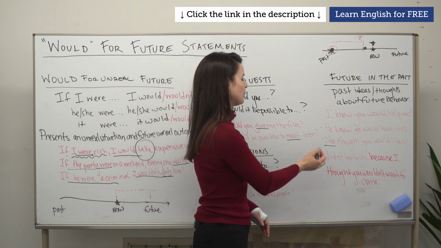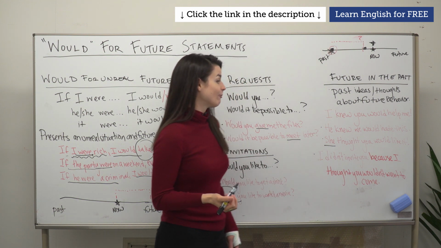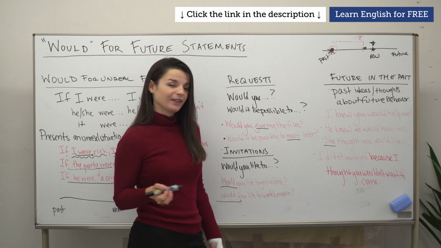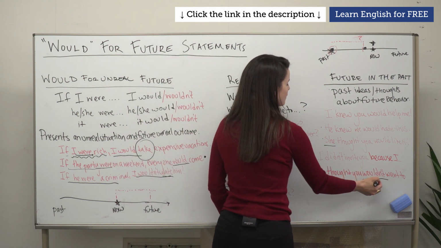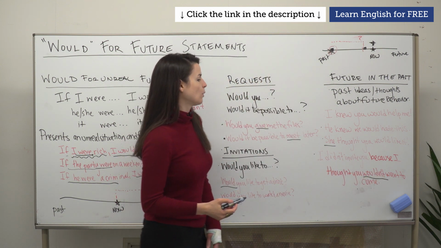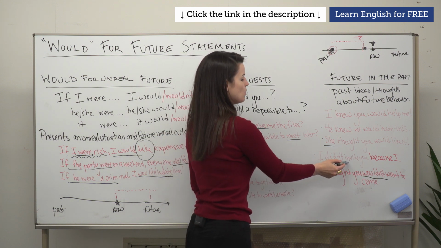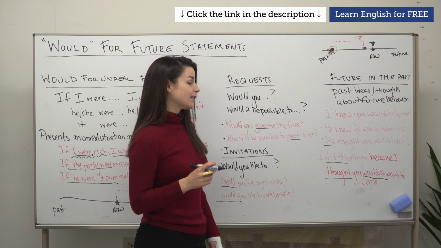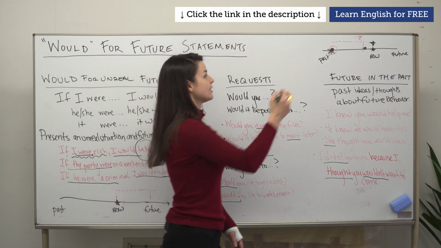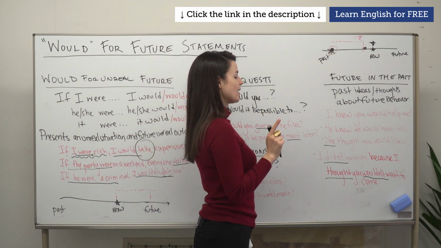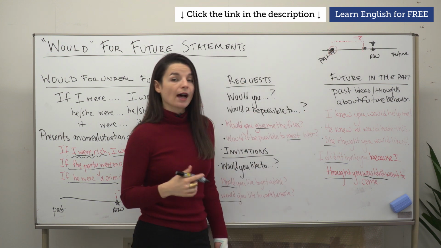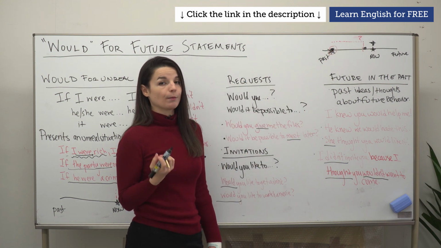Okay, one more example. I didn't invite you because I thought you wouldn't want to come. So here I've got the negative. This is a more complicated sentence. So I'm saying there are two points in the past here. So I didn't invite you is one. I didn't invite you because I thought in the past you would not want to come to my event.